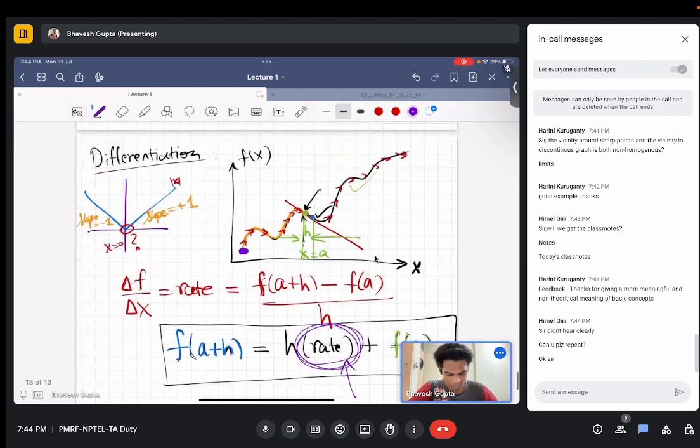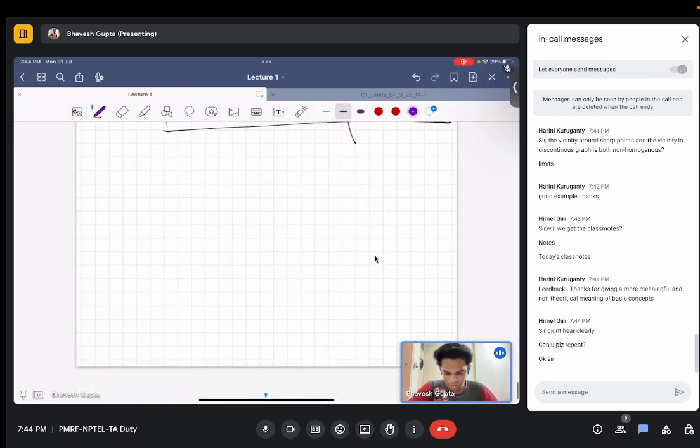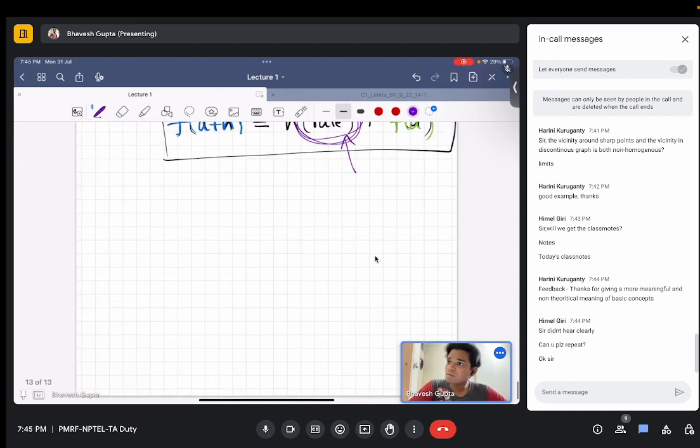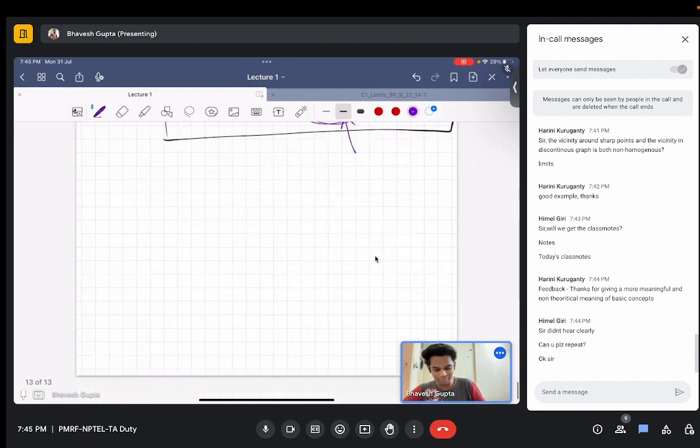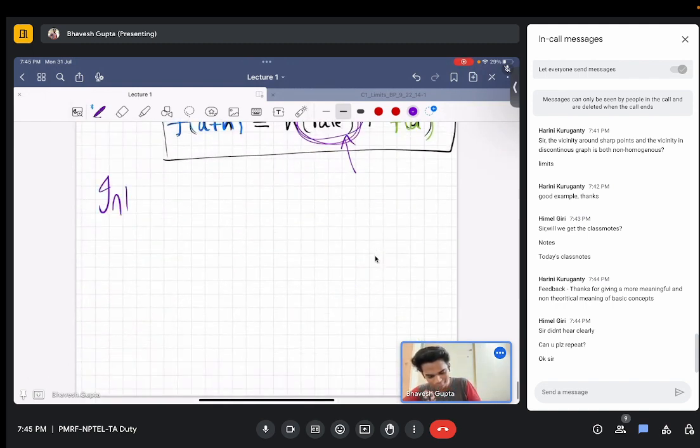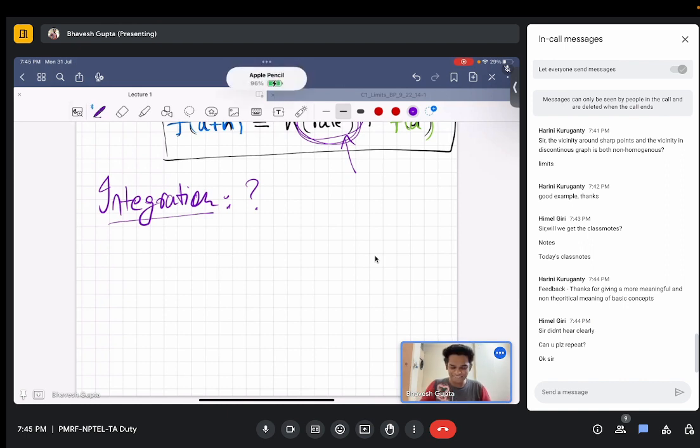There is one more thing I also want to make you understand. Let's discuss, since we have time, what we mean by integration. Can someone tell me what you mean by integration? We have done this a lot.